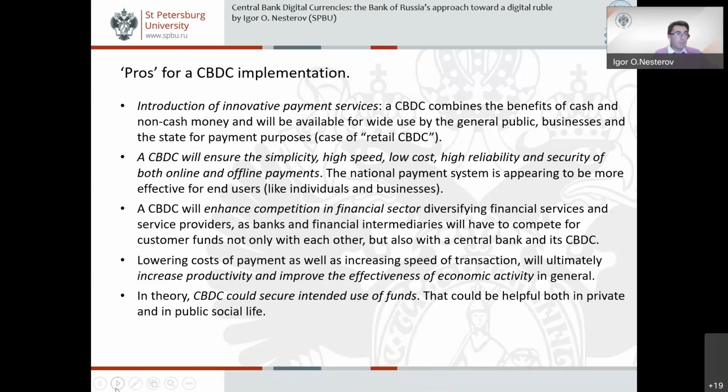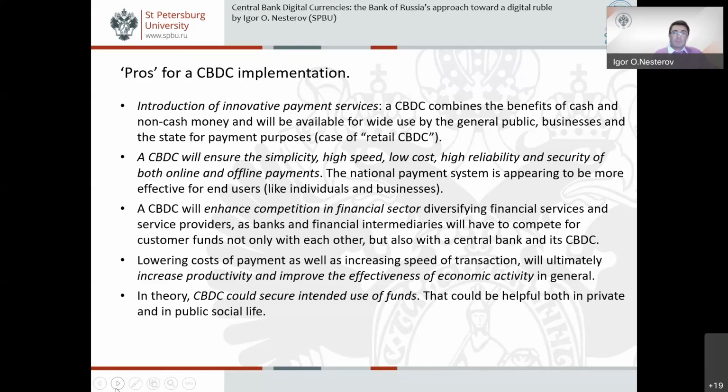The first one is the introduction of innovative payment services. We have already discussed that CBDC combines both the benefits of cash and non-cash money and will be available for wide use by the general public, that is individuals and companies, as well as the state, for payment purposes.